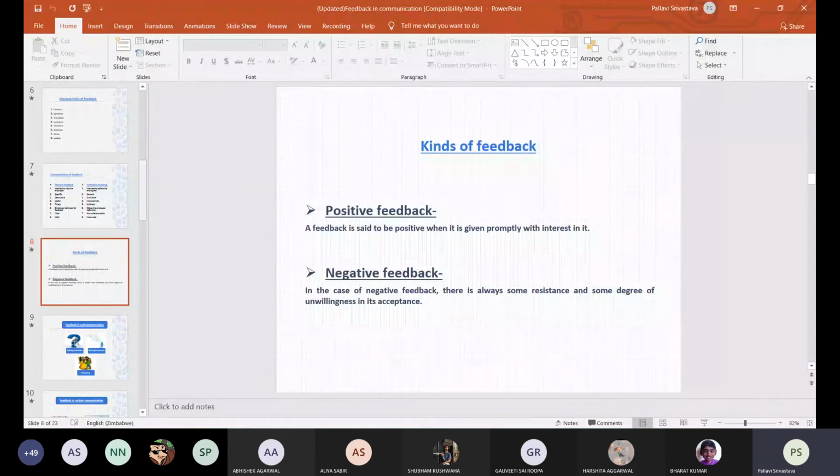So this is why giving negative feedback is very, very tricky. If someone on your same level tells you that you have made a mistake, you will feel defensive, you will be ready to argue with them, and there is a possibility that the person will not be able to convince you where you are at fault. But when it is a person senior to you, someone more experienced than you, who can show you where you are at fault, it is easier to accept and see the fault, and you will also get information about how to improve the condition.